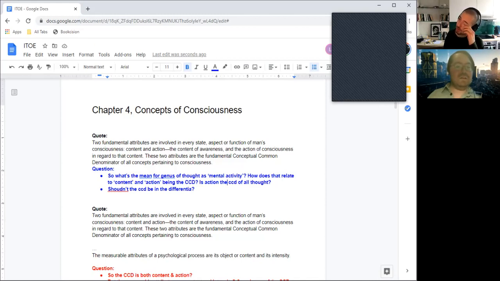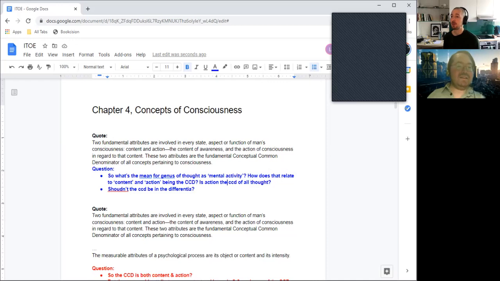CCDs for what, though? For thoughts? Because when I try to pin down what thought is, I just got it as self-initiated mental activity, and so the differentiator is self-initiated, and the genus was mental activity. Yeah, I mean, sounds right.